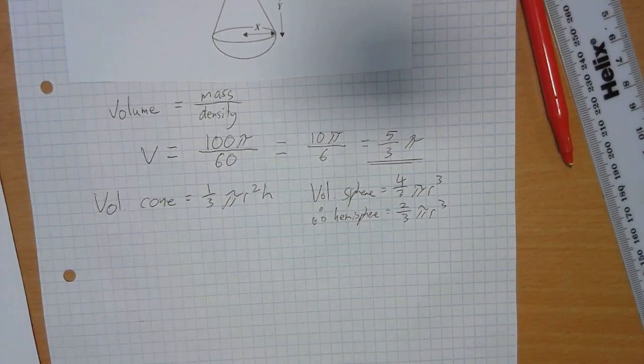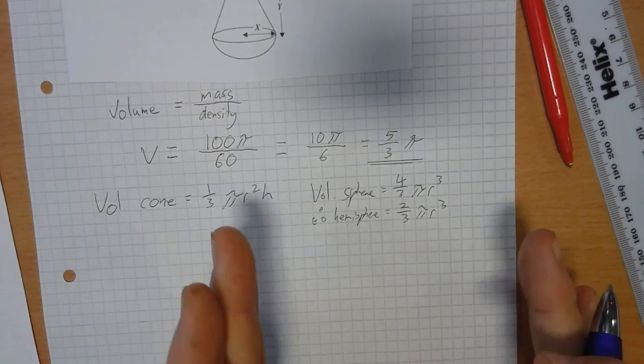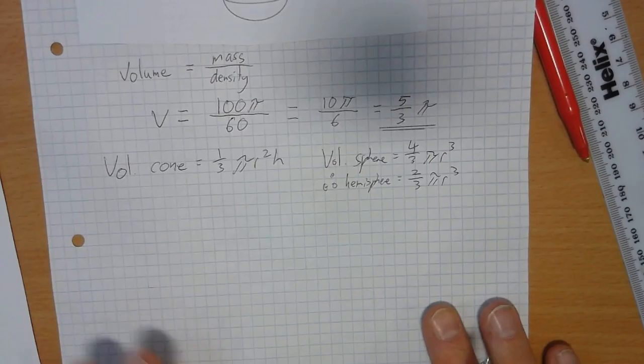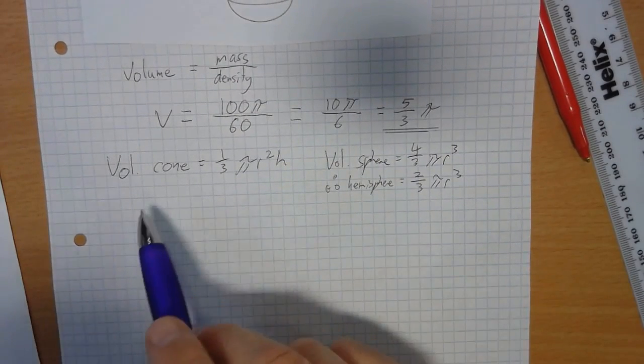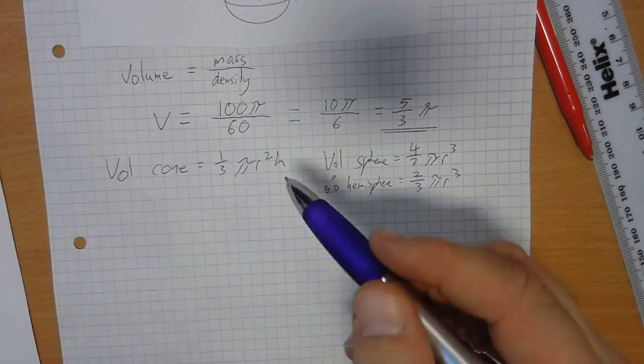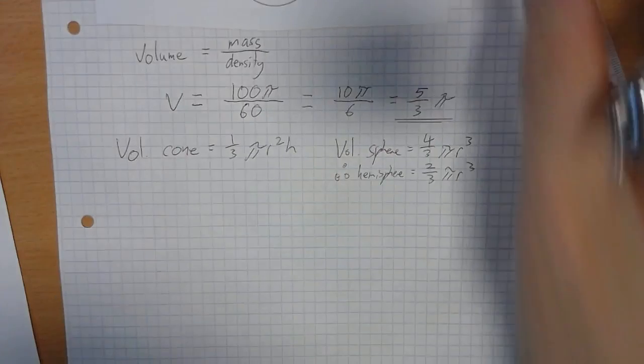Okay, so I haven't put in any of the variables yet at all. I've just written down what's the volume of a cone, what's the volume of a sphere, so what's the volume of my hemisphere. Just got to take it one step at a time. So my volume of a cone is 1/3 pi r squared h. R is x, isn't it? Yeah, r is x. So I'm just going to substitute x in.